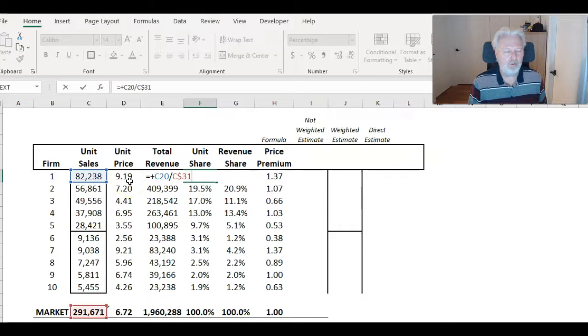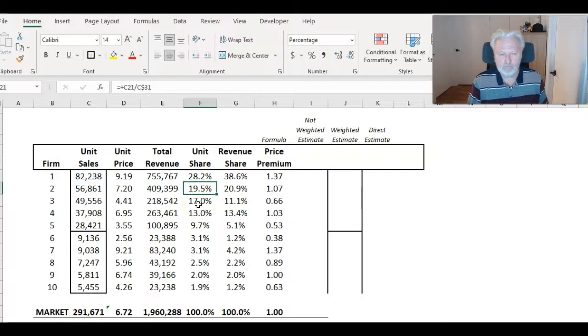Because I have sales, I can go sales for firm 1 divided by total sales for the marketplace. That gives me our unit market share and our revenue market share, and these numbers add up to 100. So we have these two numbers here of percentages.